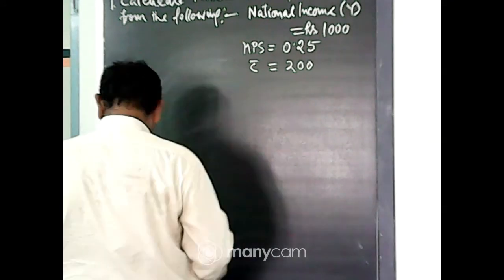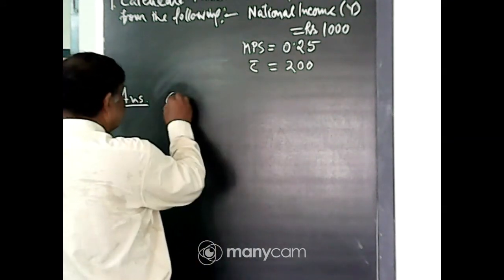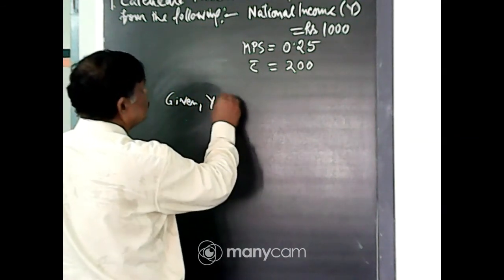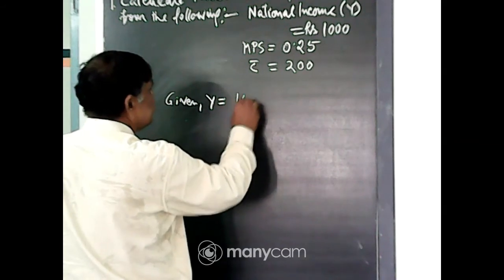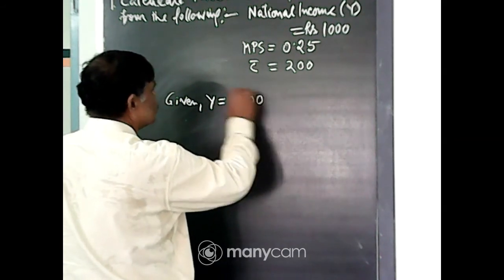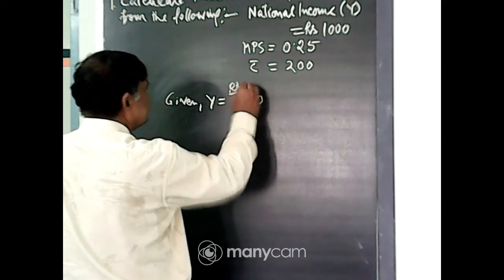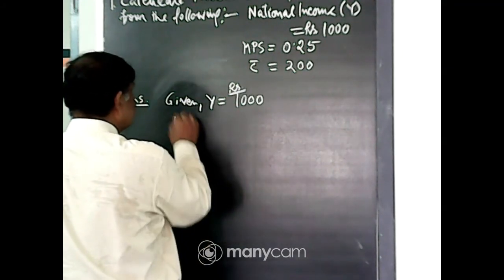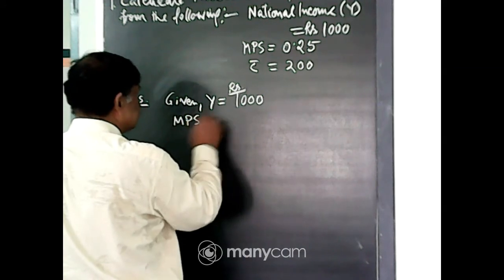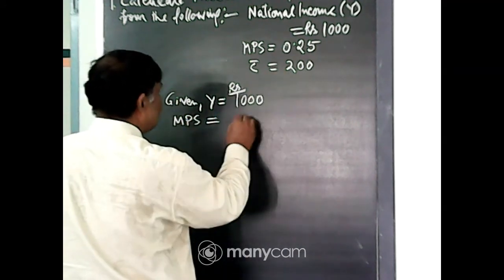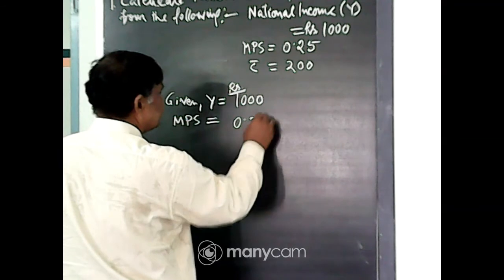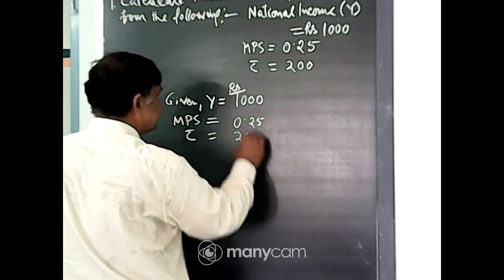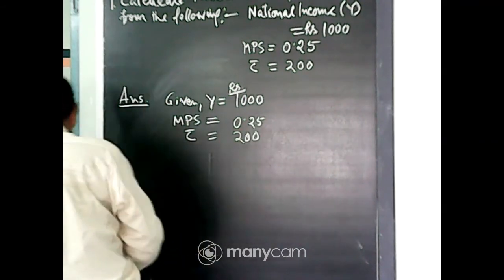Now, given Y is equal to 1000, of course rupees 1000, and MPS is equal to 0.25, and C bar is equal to 200. Now, we have to calculate.